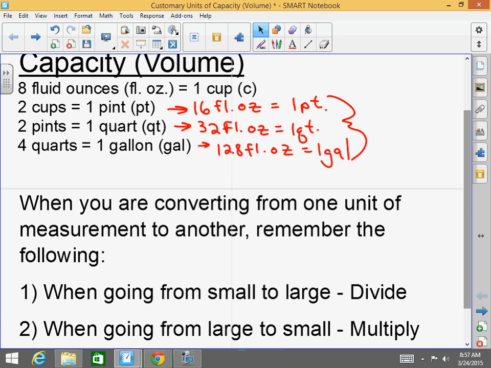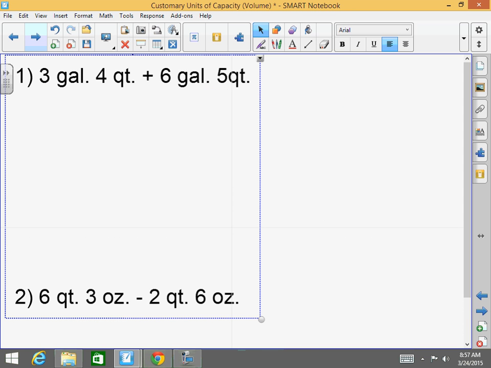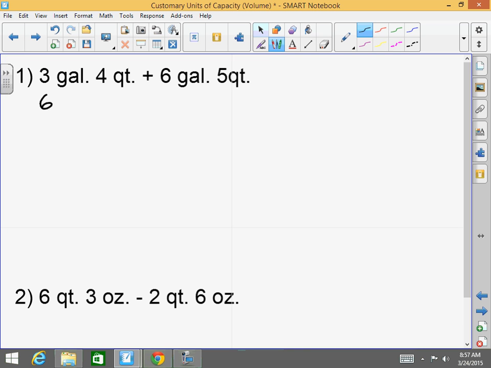For example, gentlemen, 3 gallons, 4 quarts, plus 6 gallons, 5 quarts. What is that going to equal? Well, I'm going to add my 6 gallons, 5 quarts here. I'm going to add, so there's 9 quarts and 9 gallons.